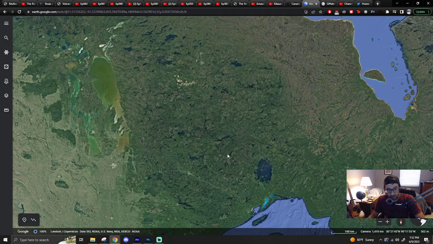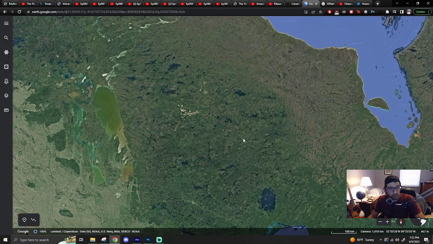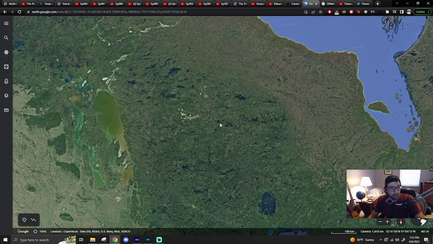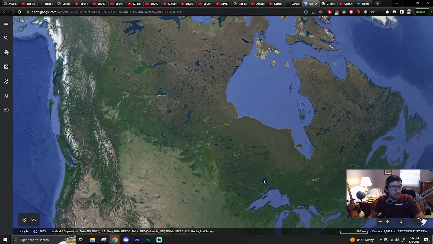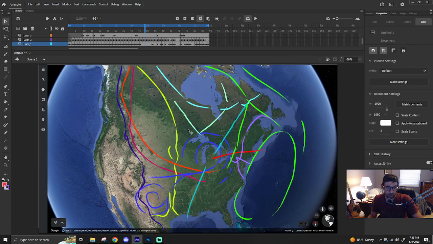Looks like here. I don't know if they're... It's also not necessarily actually going in such straight lines.